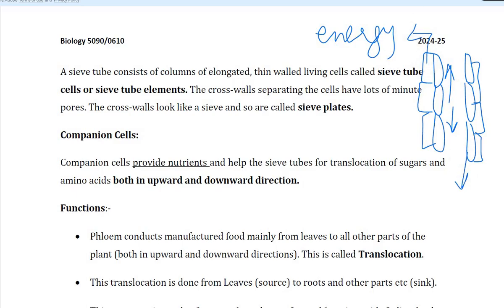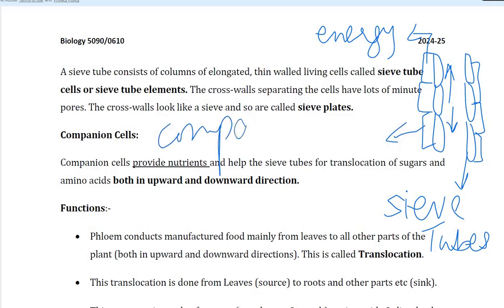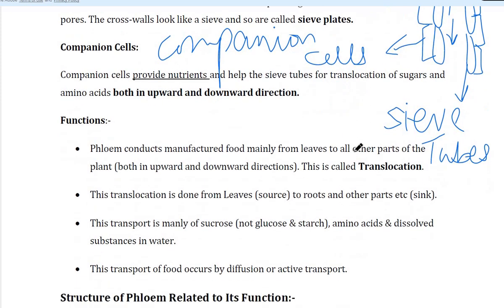So, these are sieve tubes that are translocating sugars and amino acids, and outside them are companion cells. And these companion cells are providing energy for the upward and downward movement of sucrose and amino acids. Okay, so we have discussed that it is translocation.